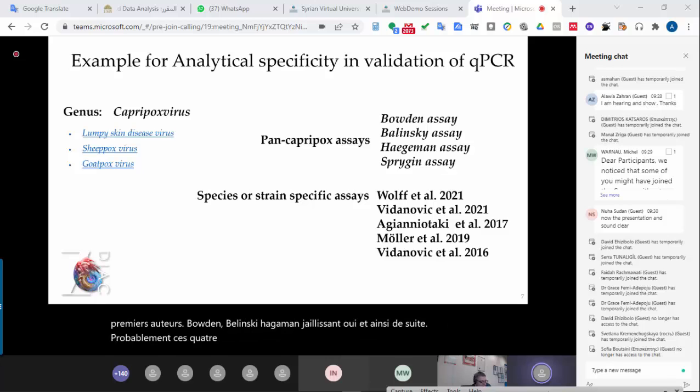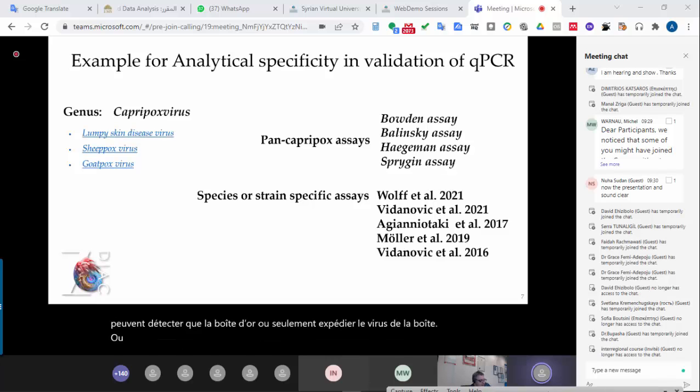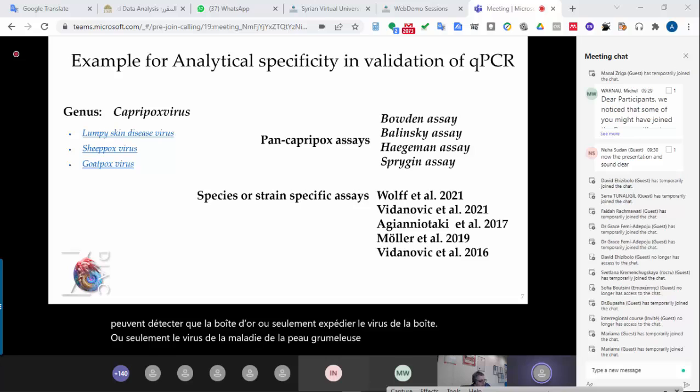And on the other hand, there are assays that can detect only goatpox or only sheeppox virus or only lumpy skin disease virus, but also there are assays that can differentiate wild type strain of lumpy skin disease virus from vaccine strain of lumpy skin disease virus.